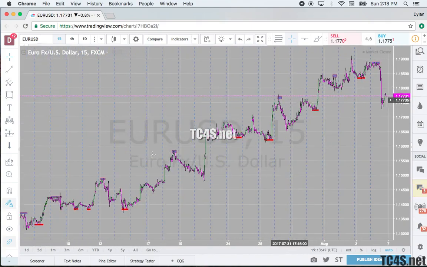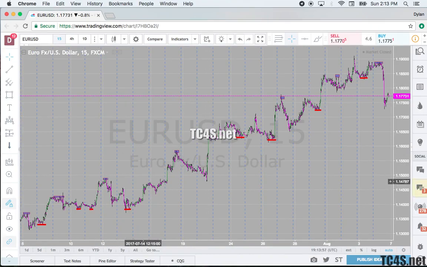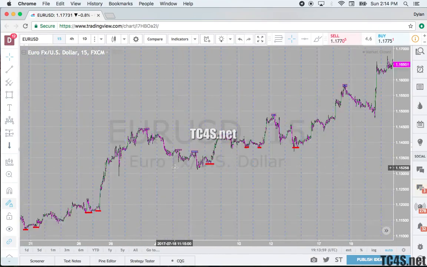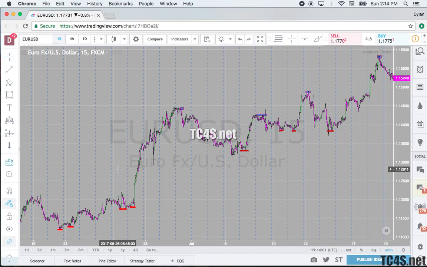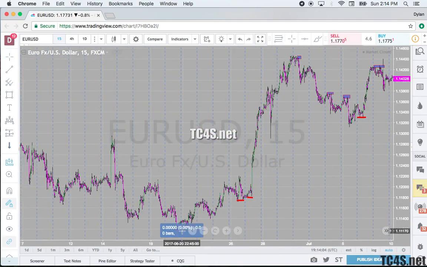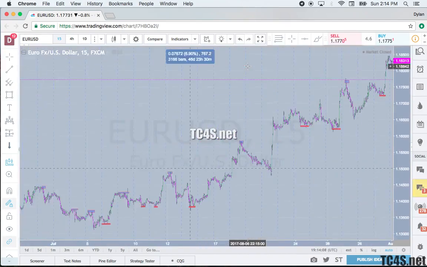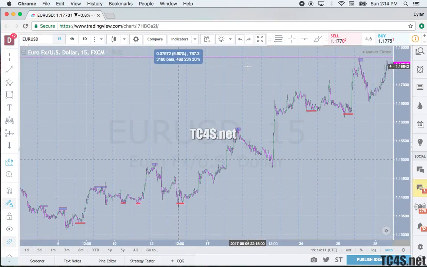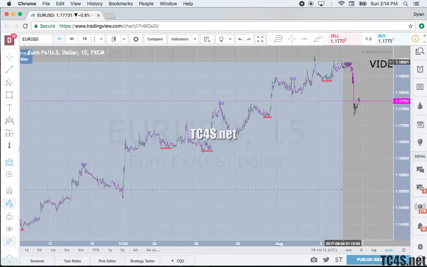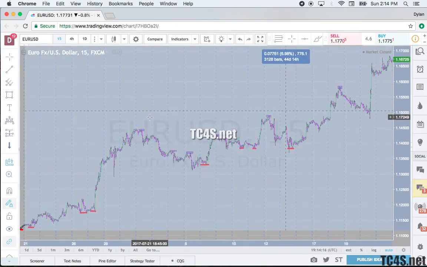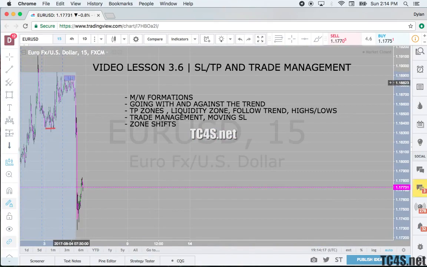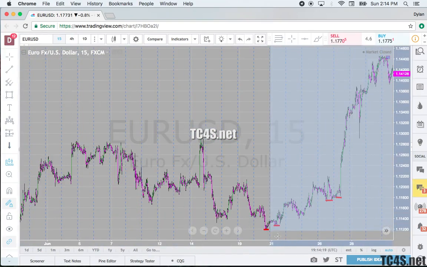You could have caught all these W formations and added onto your position with little to no drawdown, going with that trend. Now that trend was at the very bottom here, and this is a very small piece of it, but this was a 767 pip move upward from this top here to the bottom here.